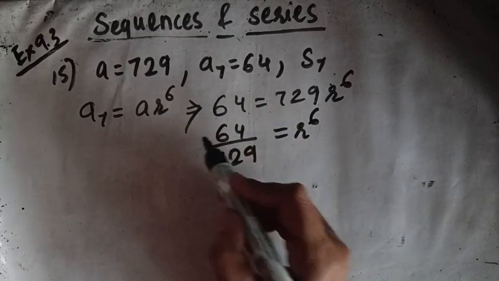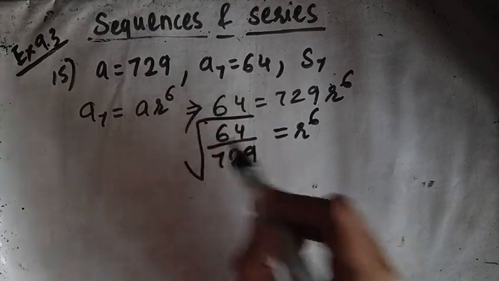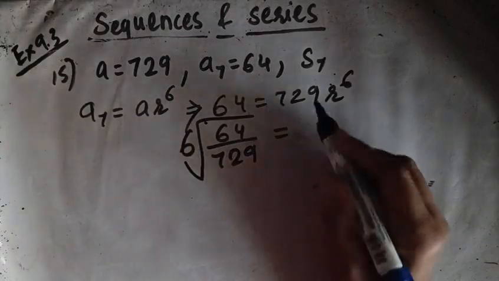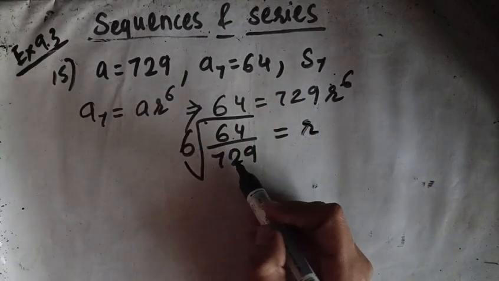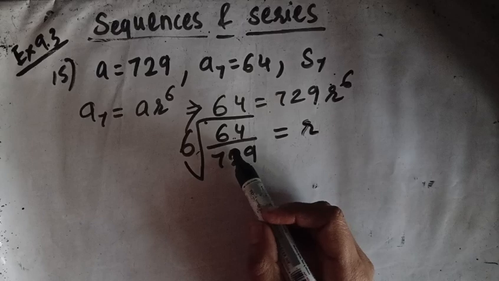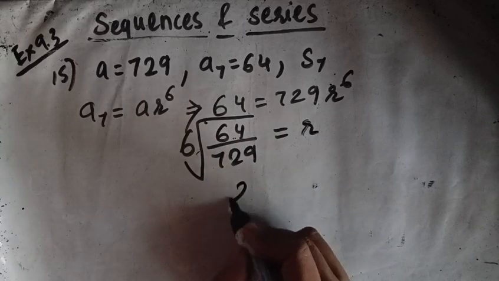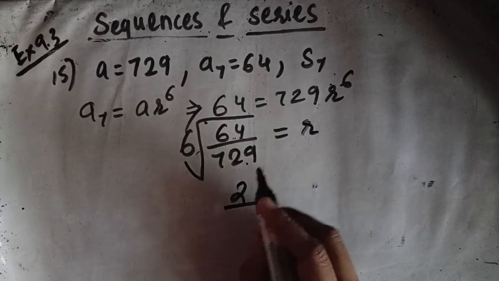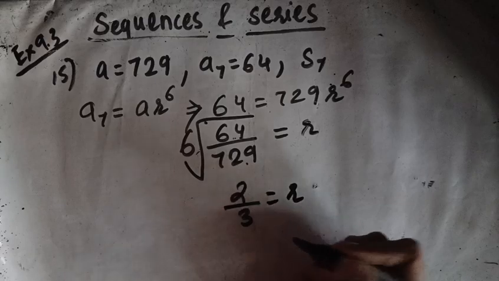Okay. So sixth root you have to find. Either you can divide this or directly you can find. So this is 2 and this is 3. So r is 2 by 3.